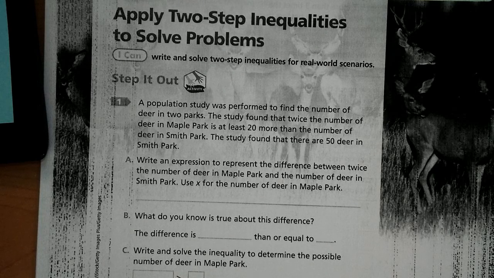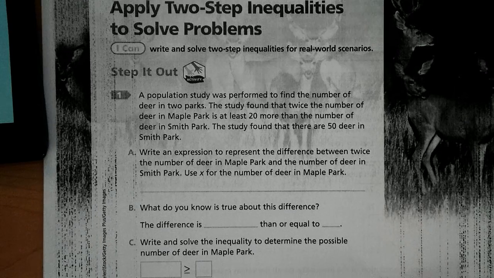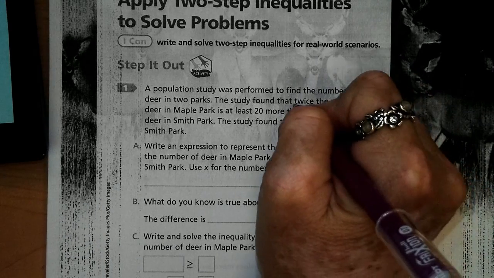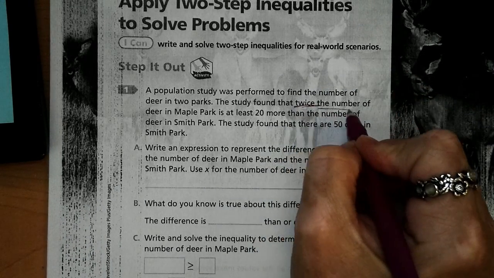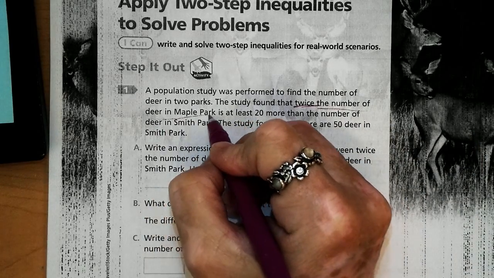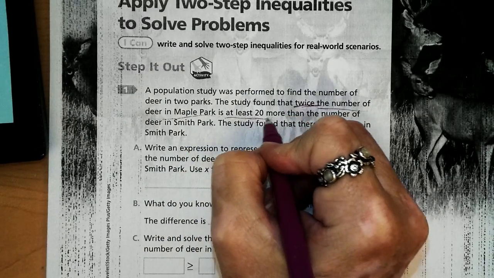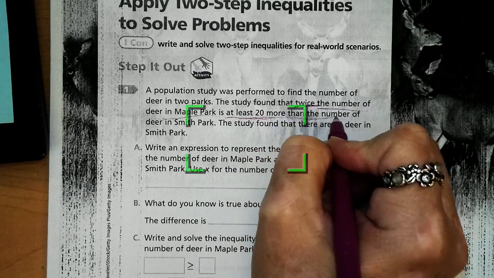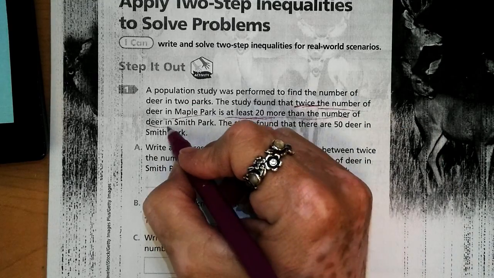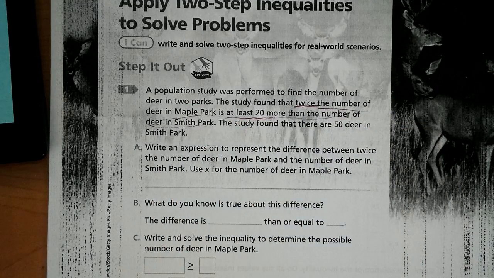So a population study was performed to find the number of deer in 2 parks. The study found that twice, so there's that key word, the number of deer in Maple Park is at least 20 more than the number of deer in South Park.